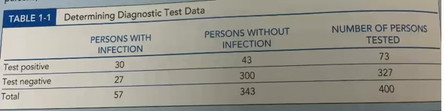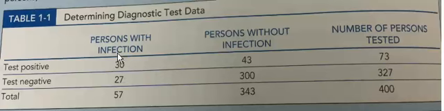What is the sensitivity of the test? Sensitivity is defined as the percentage of test subjects who have the infection and test positive for it. In other words, sensitivity equals true positives over true positives plus false negatives. So it says it's true positives, so let's find the true positives.